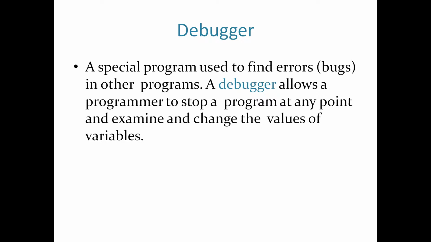A debugger is a special program used to find errors or bugs in other programs. It allows a programmer to stop a program at any point and examine and change the values of variables.